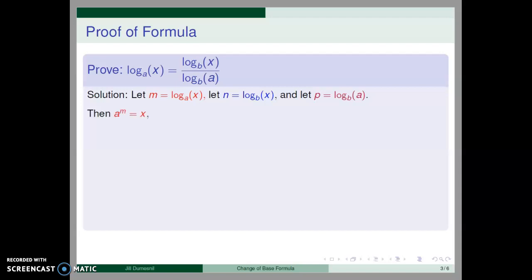Converting these logarithms to exponential form, we have that a to the m is x, b to the n is x, and b to the p is a.